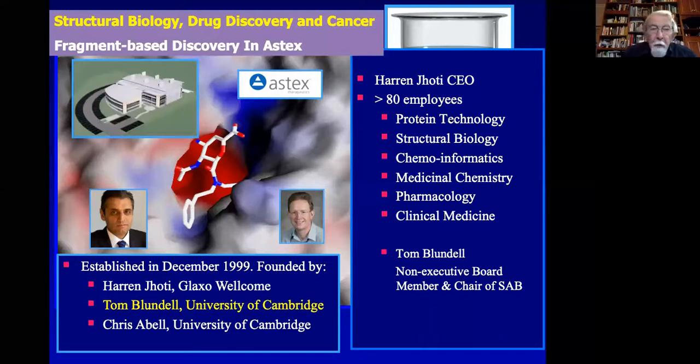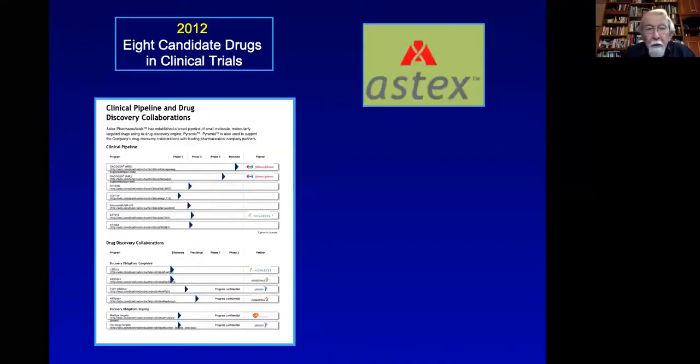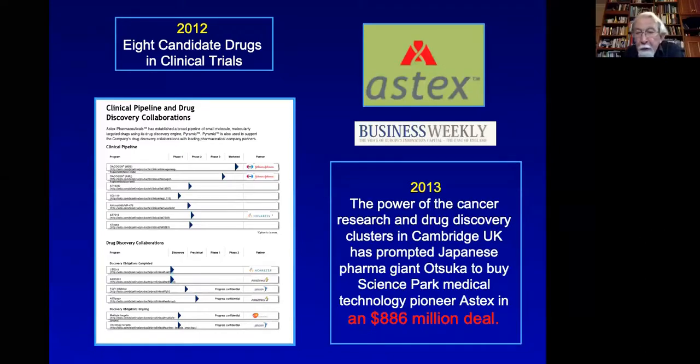So this company, we built a large lab in Cambridge outside the university, and over the past years, we've got many candidate drugs, and we realized we were spending a lot of money, and suddenly we got an offer for $886 million for our little company that I formed with 2 people in the lab. But I kept involved with it. So it's now owned by a Japanese company, a very good one, Otsuka, who kept me involved.